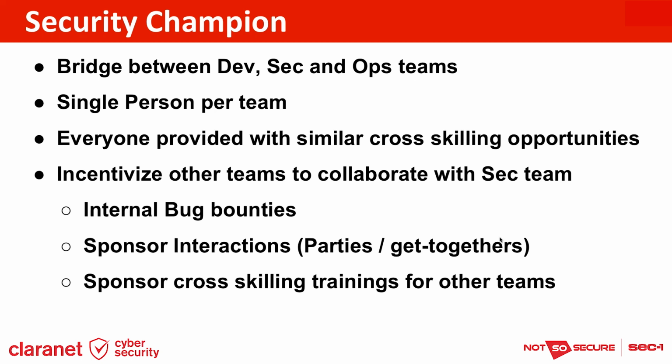So if a developer one day comes up and says, hey, I want to learn secure code development, however, my team does not have the budget for it, the security team should be more than happy to foot the bill, because ultimately they would learn that skill set, come back, teach others, and if not teach others, at least one less person to worry about, or one person where you can trust they would probably try to do a better job at writing secure code.